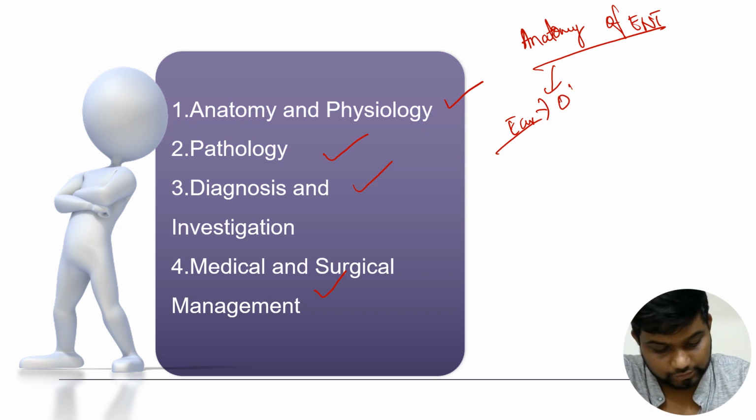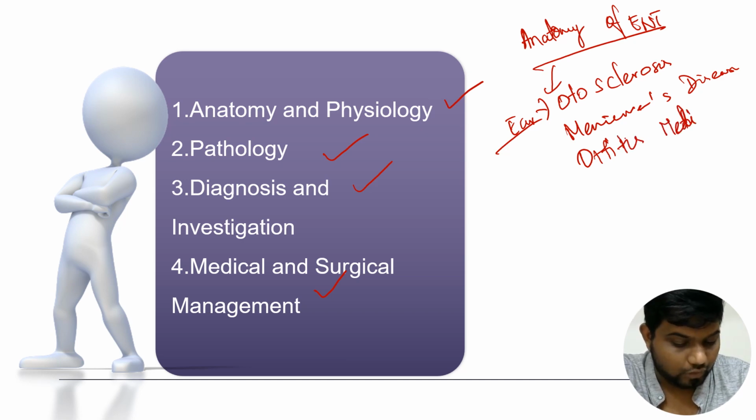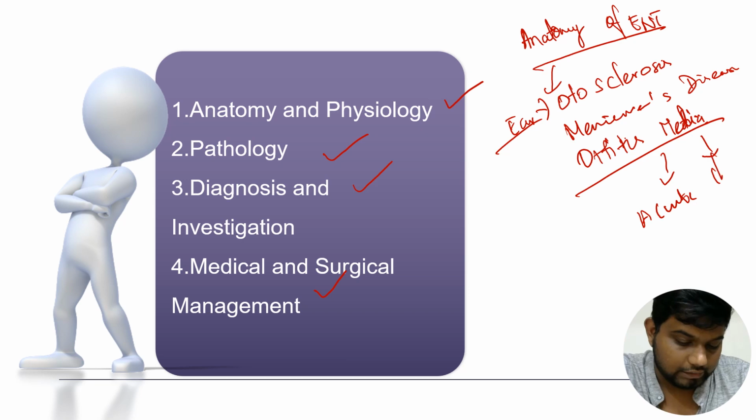One is otosclerosis, Meniere's disease, and otitis media, which is acute and chronic. These are the four diseases that you should keep in mind in ear, where you should master every single aspect.